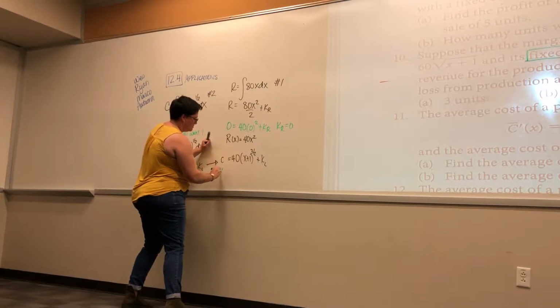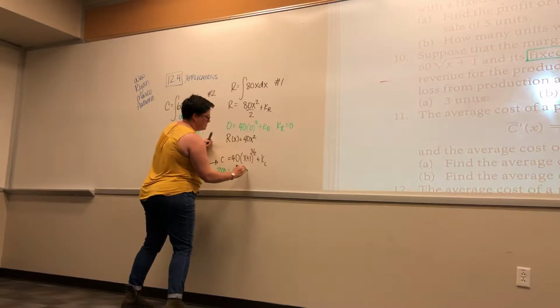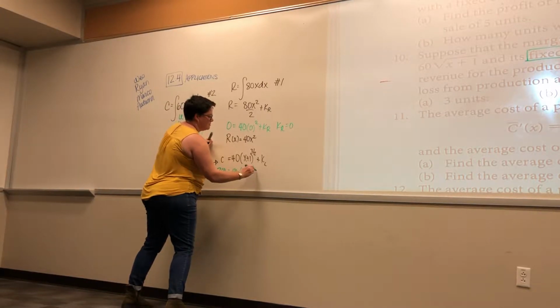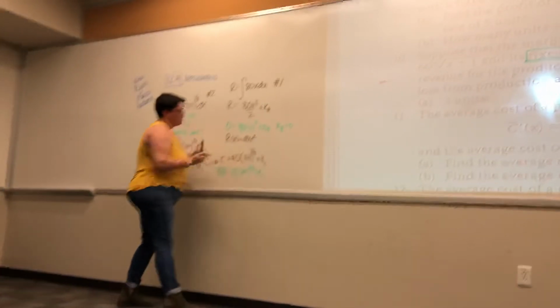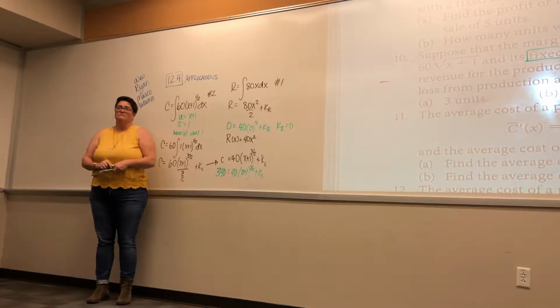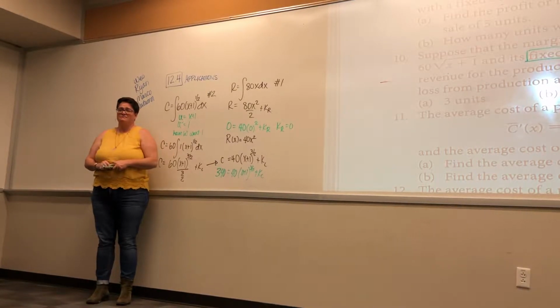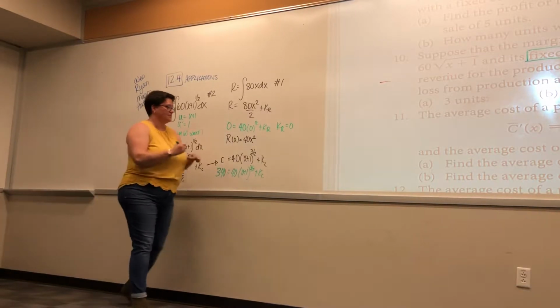Good. What's 0 plus 1? 1 cubed is 1, square root of 1 is 1, times 40 is 40. 40 plus what equals 340? So k sub c equals 300.